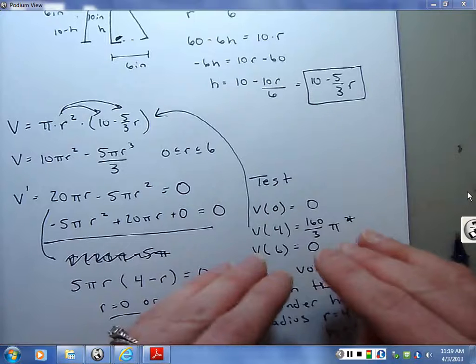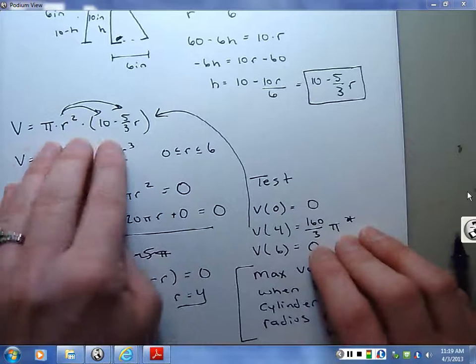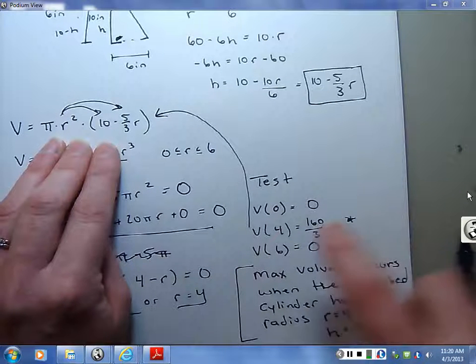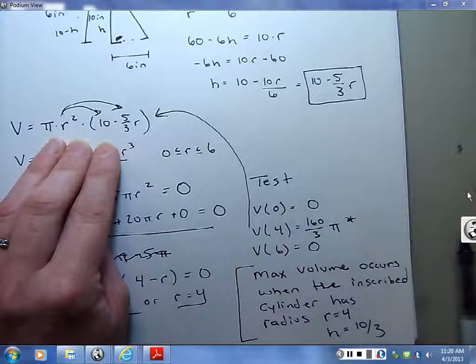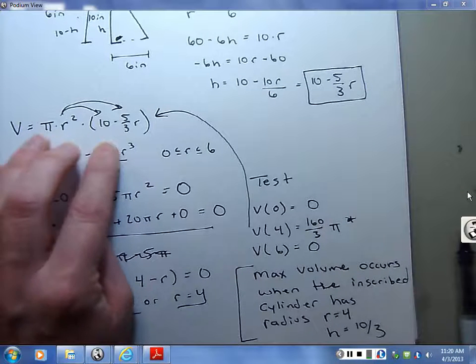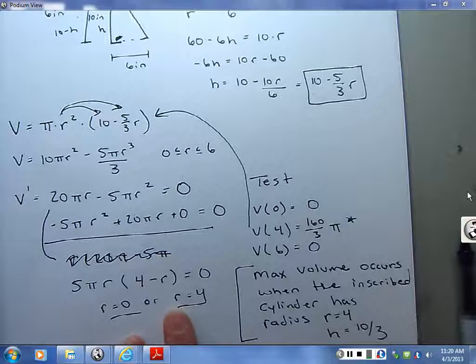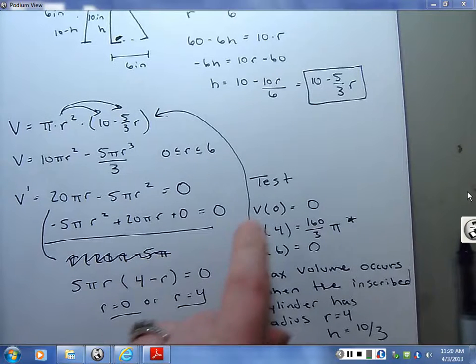But you've already done the work to solve for volume in terms of r only. So volume is a function of only r. If you know r, you know the volume. Because we solved for r when we were testing the points, that's why we plug it back into the volume function in terms of r only.